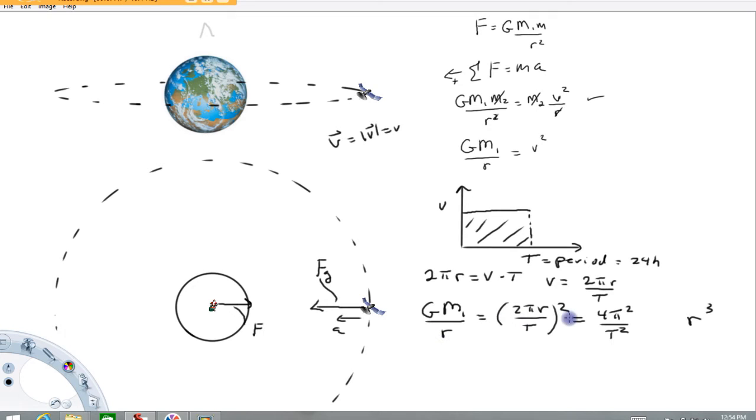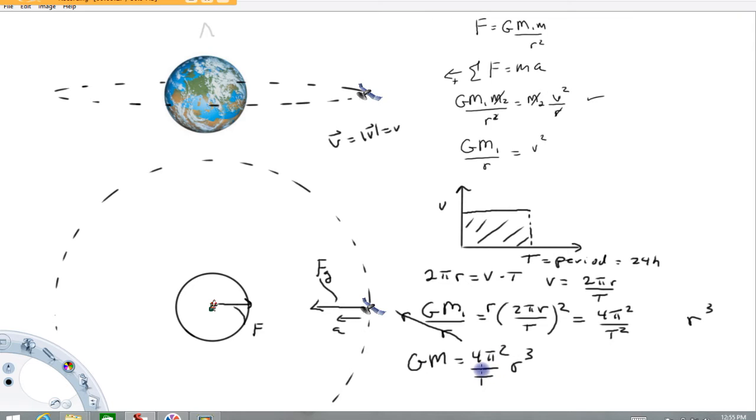And over on the right hand side we'd have r times r squared. That's going to give me the r cubed, and then 2 pi squared. There's your 4 pi squared over period squared. Okay, so the resulting equation we got here is GM is going to equal 4 pi squared over the period squared times r cubed. And now all we have to do is put in numerical values for these.